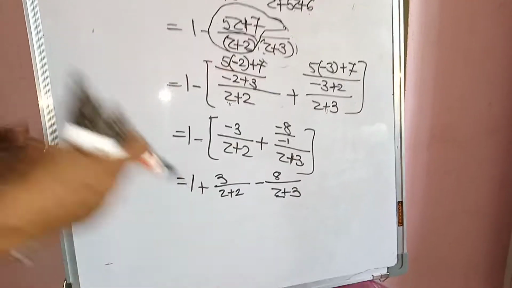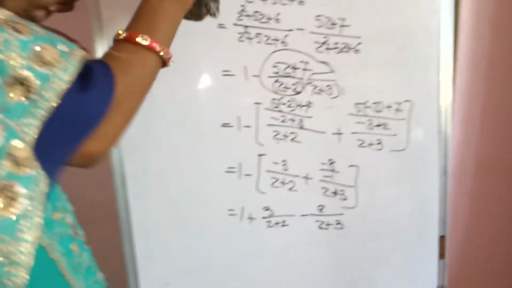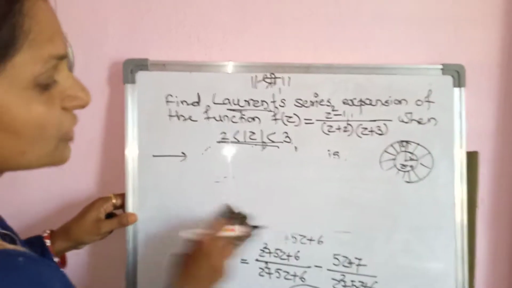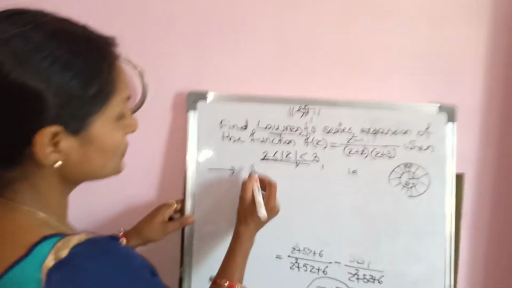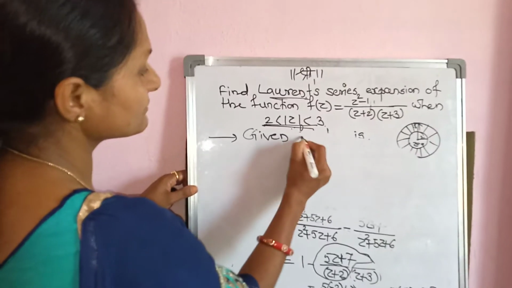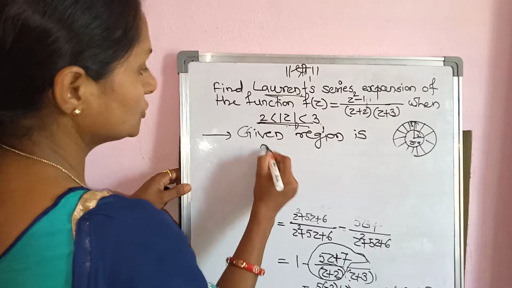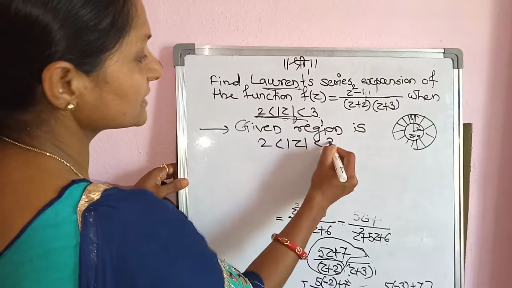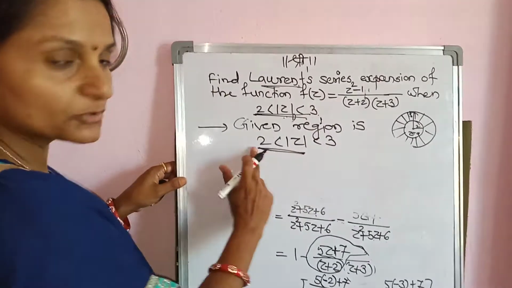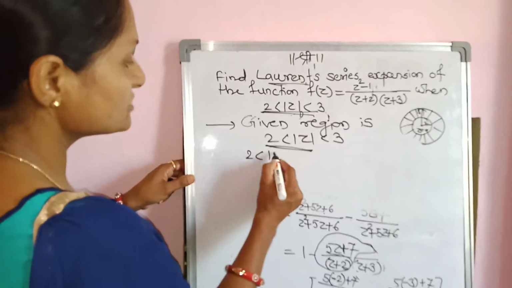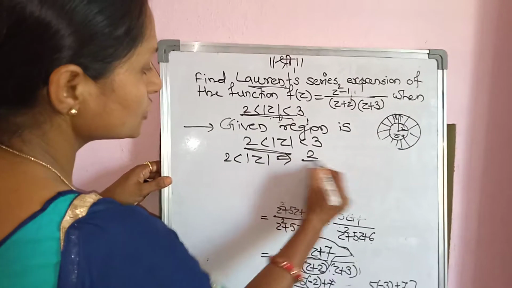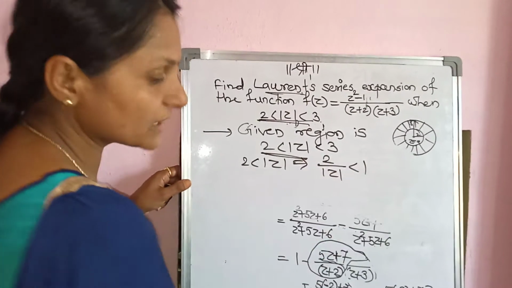Now I will go for the expansion of the function as a Laurent series. Observe the given region: 2 is less than mod z less than 3. Consider the first part: if 2 is less than mod z, then 2 by mod z is less than 1.